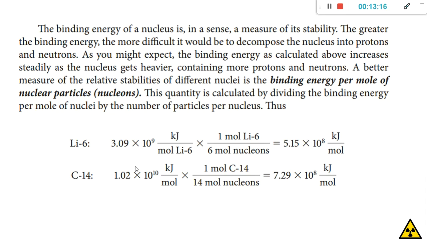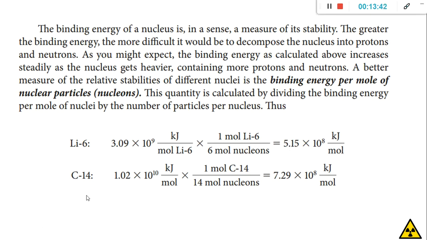So this one is for example. Earlier we had 3.09 times 10 raised to 9 kilojoule per mole lithium 6. We have 6 nucleons, no? Because we have 3 protons and 3 neutrons. In 1 mole of lithium 6, we have 5.15 times 10 raised to 8.